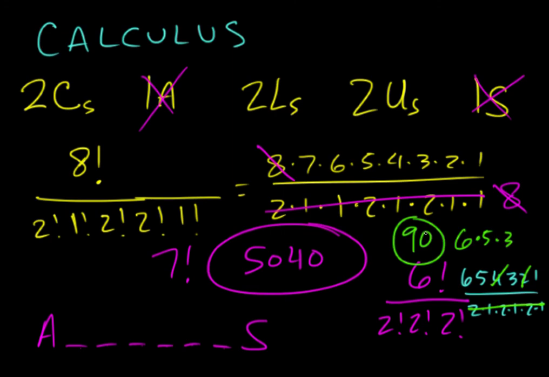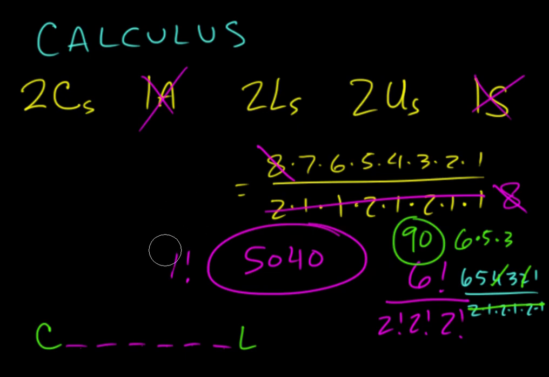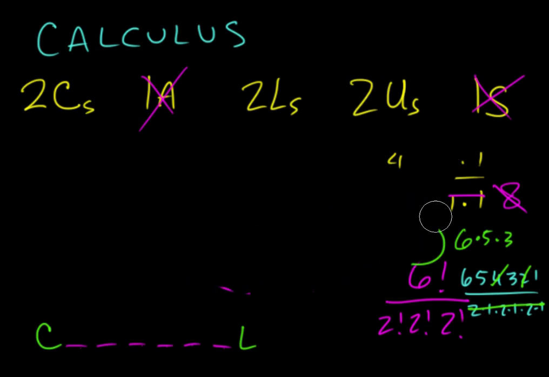Okay. Which start with C and end with L. So we're going to say C and L. Now, once again, the top is going to be a 6 factorial, because we're essentially taking out one of the C's.